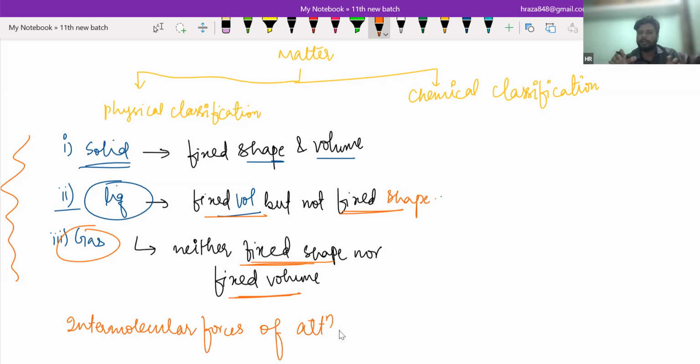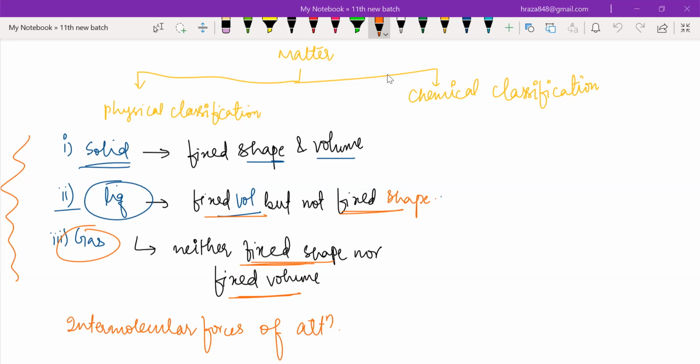If the forces between particles are very high, that will be solid, and if the intermolecular forces between particles are moderate, that is liquid, and if the intermolecular forces of attraction are very low, then that is basically gaseous. Okay, please write it, and then I will explain chemical classification.